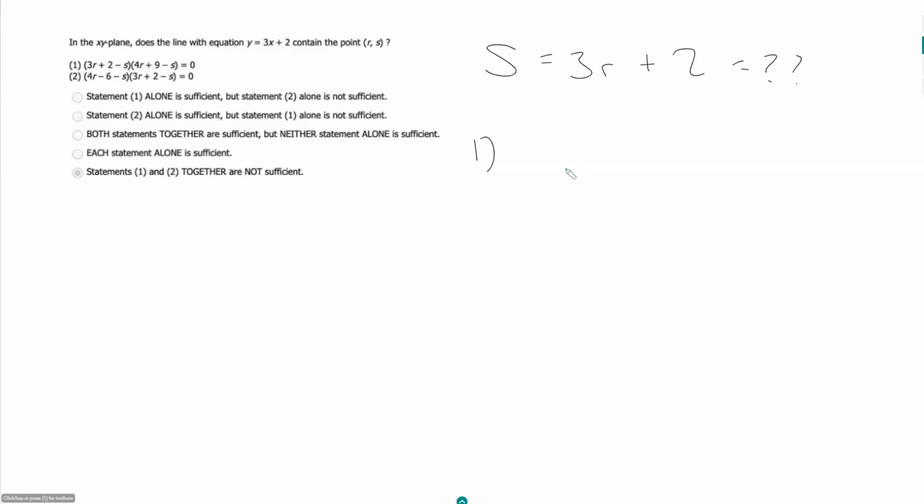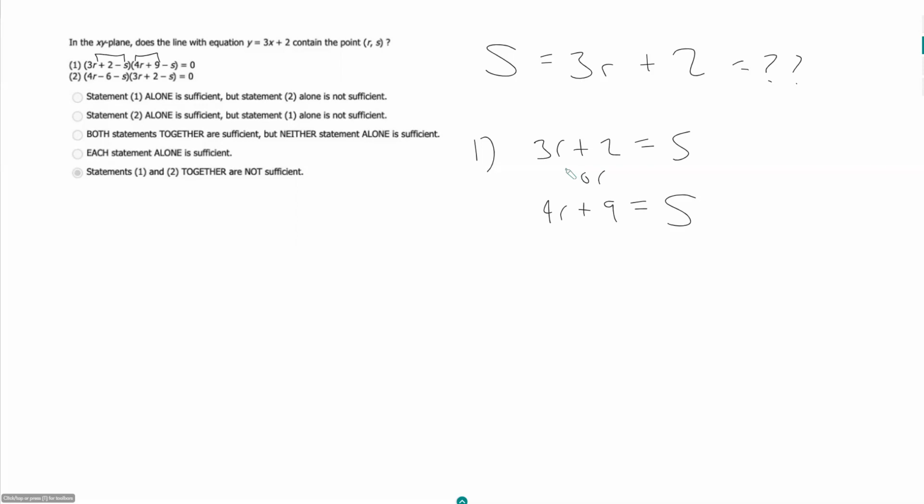This is telling us either 3R plus 2 is equal to S, because that would have to be true for this guy to be equal to 0, or 4R plus 9 is equal to S, or both, I guess. So at least one of these has to be true.